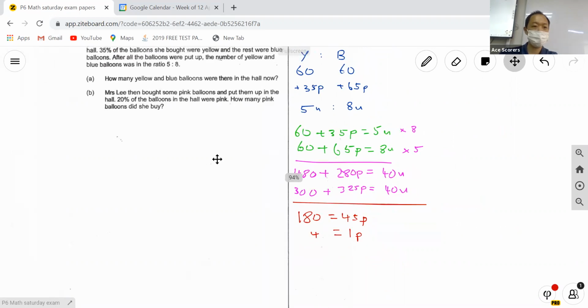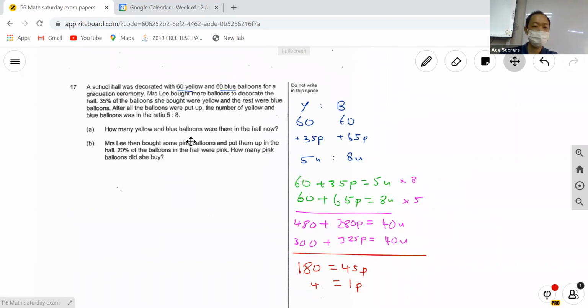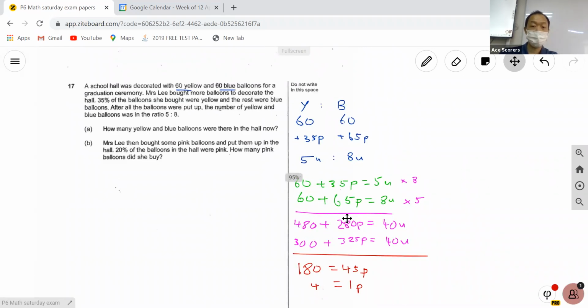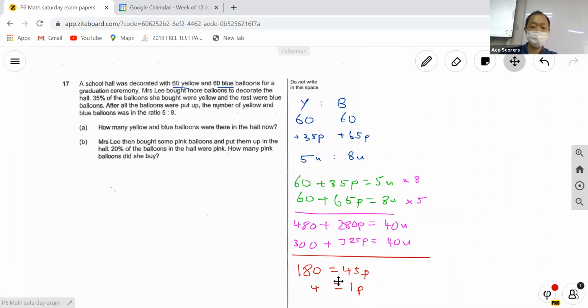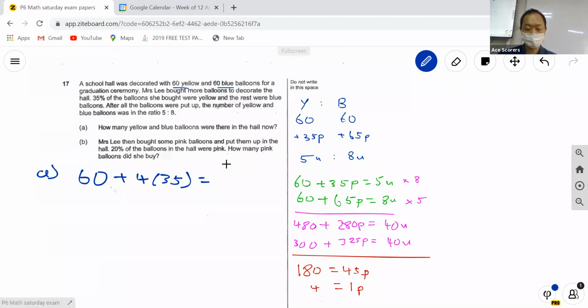Hey, almost there. So how many yellow and blue were there in the hall now? Now because 1 part equals to 4, we look at the number of yellow. Basically it's 60 plus 4 times 35. 200.